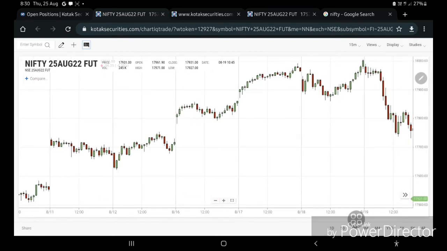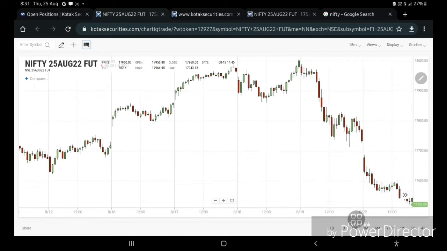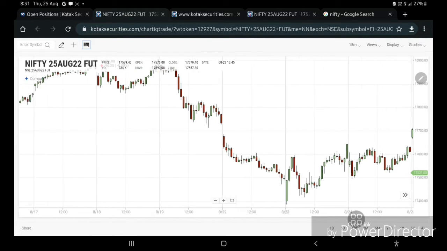So this is on 17th, and I had bought at 17,938, which will be somewhere here at this level. And just 2 days after that, there was a great fall of 200 points for 2 consecutive days.